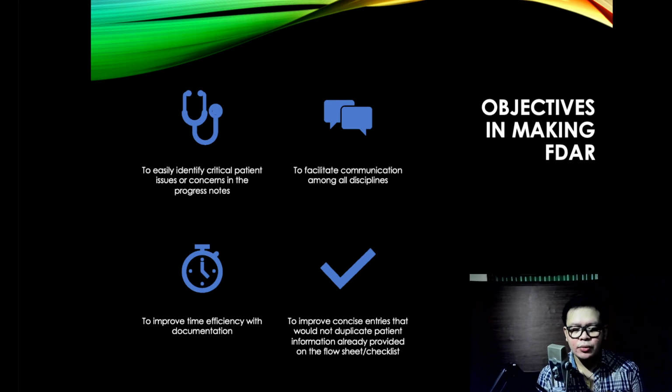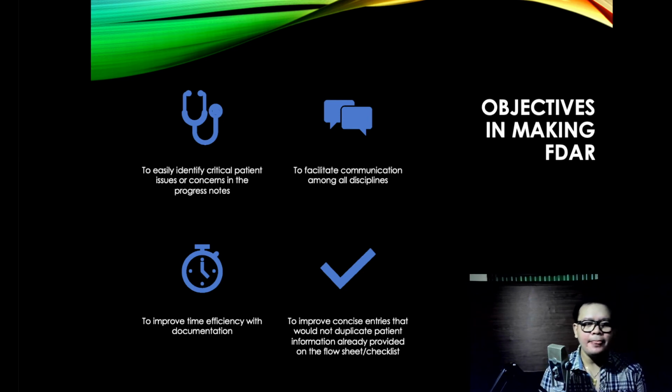If you're going to end your shift, make sure that you document. You really must have an entry in the chart. It's a no-no to go home without an entry in the chart, because you are taking good care of the patient. In an 8-hour shift, there should be an expected 3 FDARs in the chart, done by the morning shifters, the PM or afternoon shifters, as well as the night shifters.